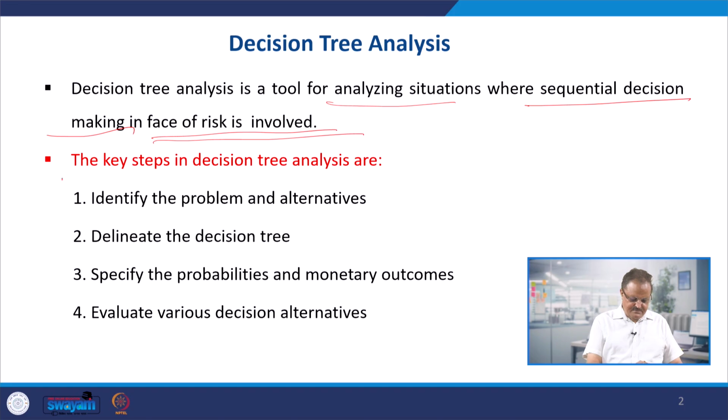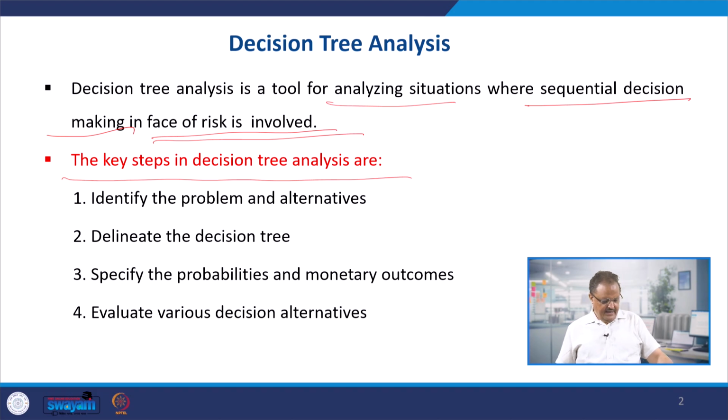Now the key steps involved in decision making are: number one, identify the problem and alternatives, right? First of all, identify the problem and alternatives, that is, what product you want to manufacture or service you want to generate, or what kind of business or venture you want to set up, and what different alternatives are available in our hands.